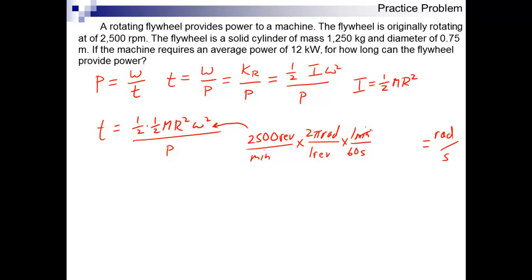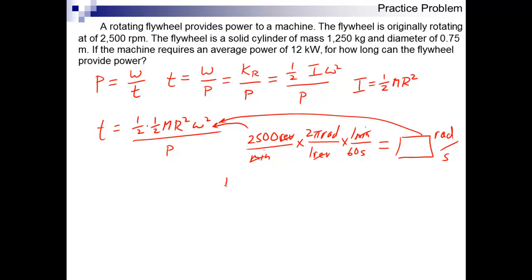So the minutes cancel, the revolutions cancel, and our answer will give us something along the lines of radians per second. So this will equal some value in radians per second. We'll plug it into there.